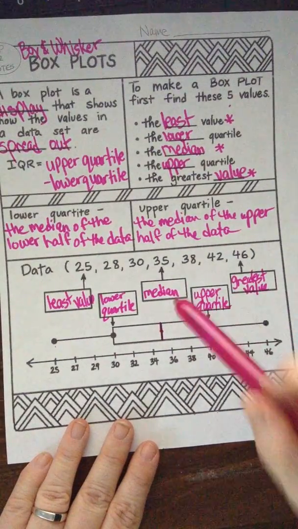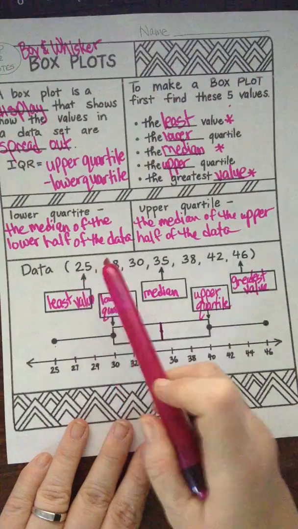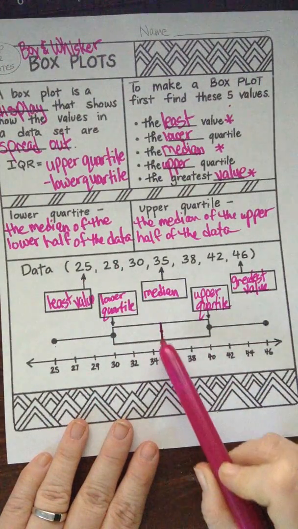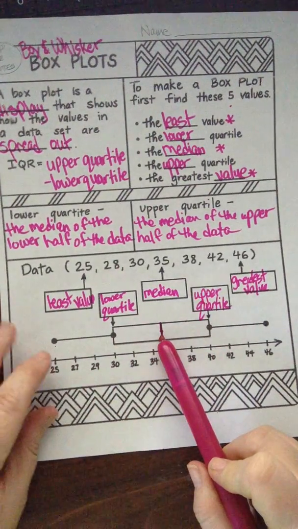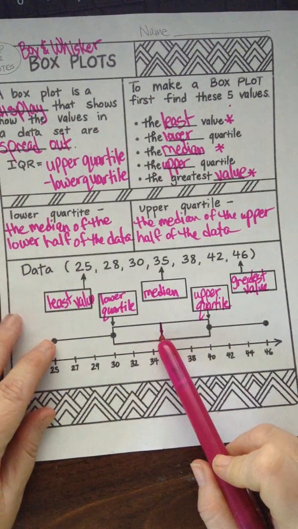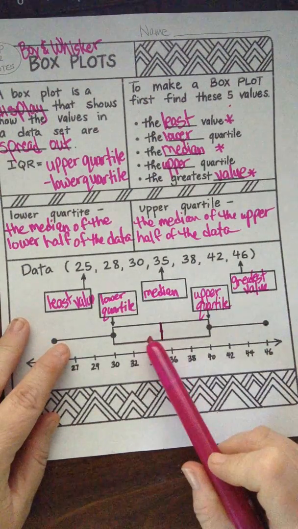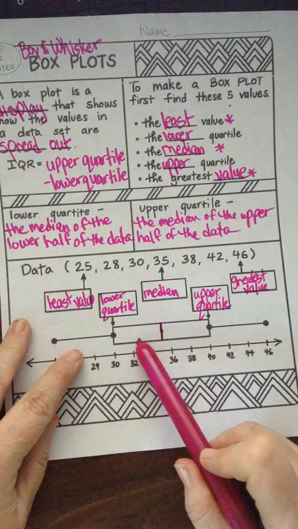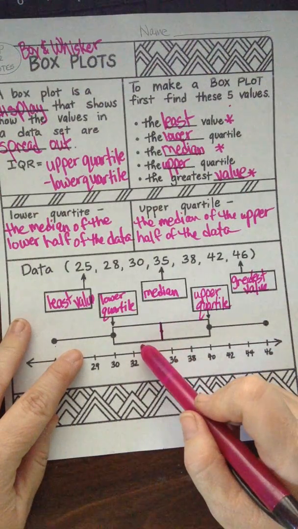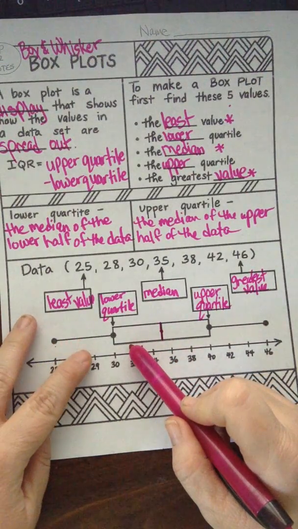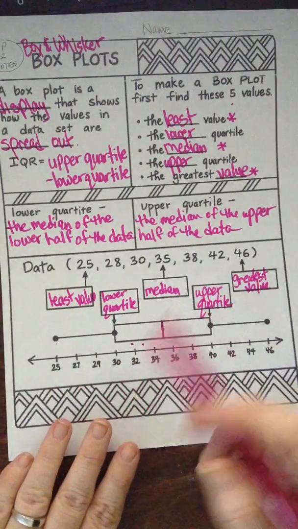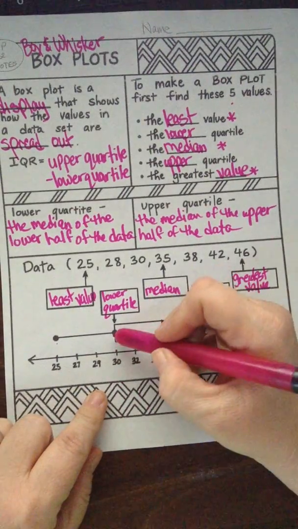Now what you have to do is figure out what is halfway between 25 and 35. You just keep going, and the middle would be 30.